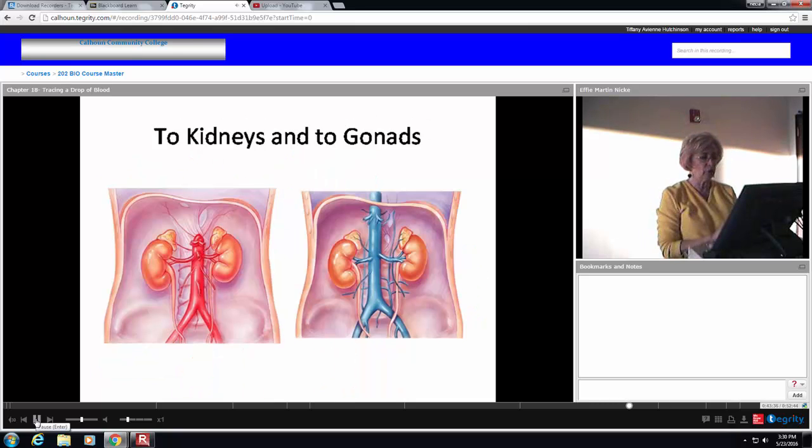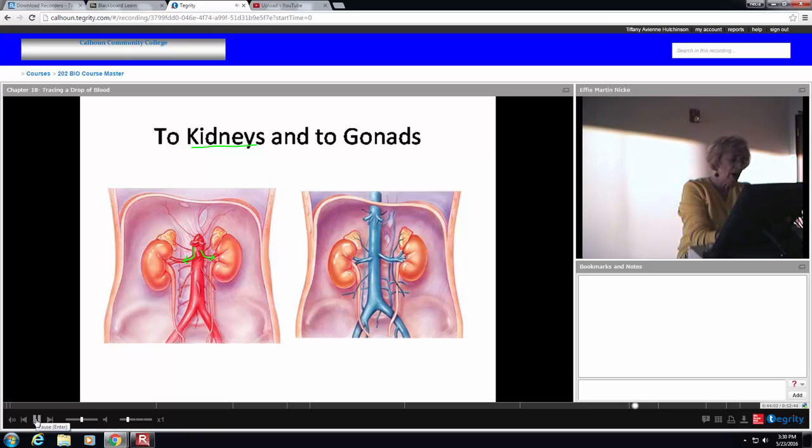I'm not going to trace every single one of these, but there's a couple here I wanted to point out. Let's start with the kidney. The aorta comes into the abdominal cavity at the hiatus where it passes through the diaphragm. It's going to take either the right or the left, it doesn't matter, renal artery.